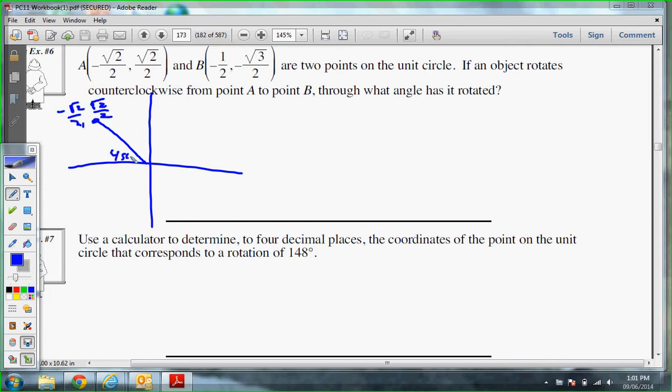That's a 45-degree reference angle because anything that's root 2 over 2 is going to be the 45. Then we have negative 1/2, negative root 3 over 2, that's in quadrant 3. So we have to figure out what that reference angle is.